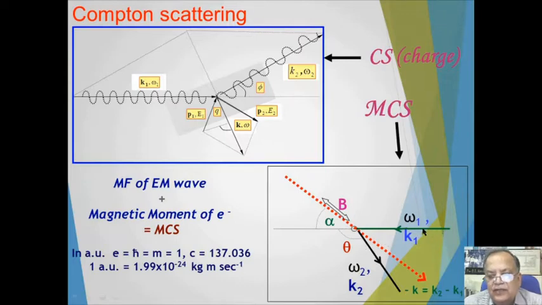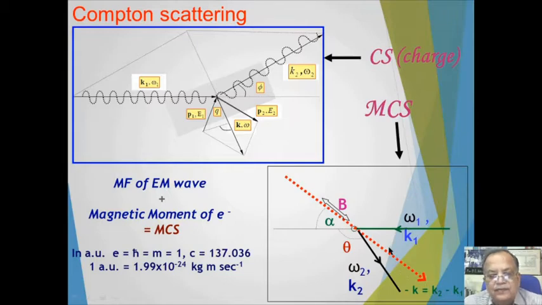So the photon comes like this, the scattered photon goes like this, and this is the direction of the scattering vector. Here this k was the direction of the scattering vector, right? The scattering vector k is defined as k equal to k2 minus k1.